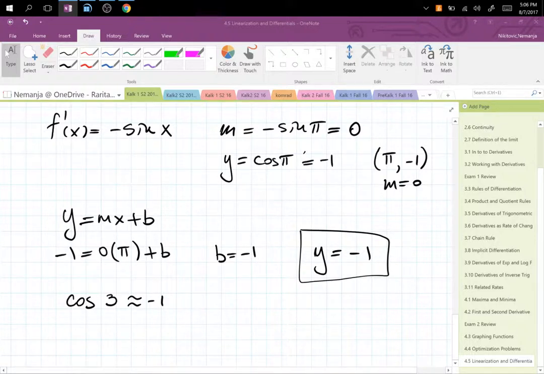So what do we have for cosine of 3? What do you get in a calculator? I got negative 0.989992496.